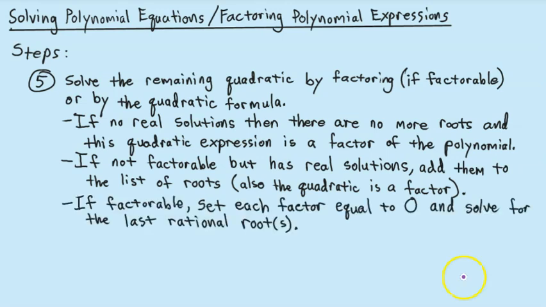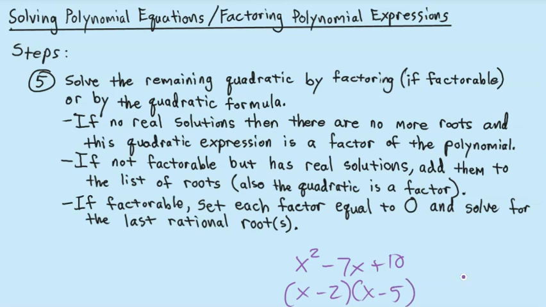Now suppose that the quadratic that you came into step 5 with is factorable. Well then what you're going to do is factor it into 2 factors. For example, let's say that you have x squared minus 7x plus 10. That means that this is factorable into x minus 2 and x minus 5.